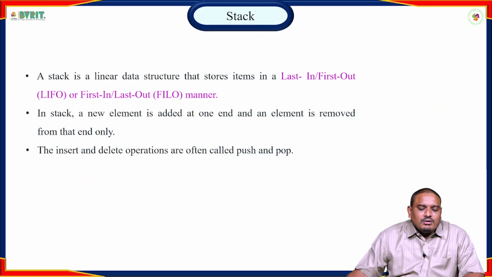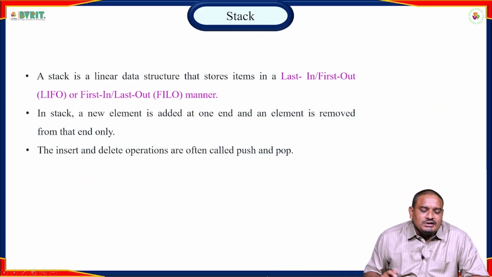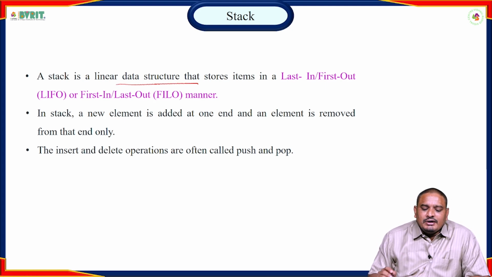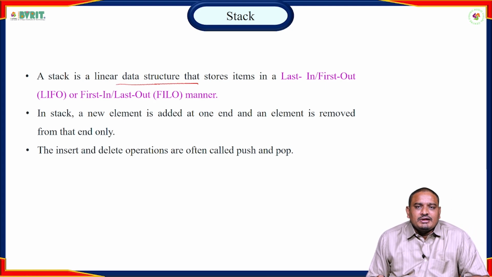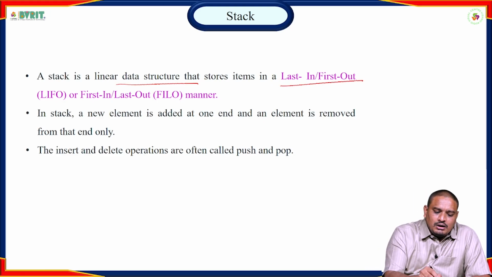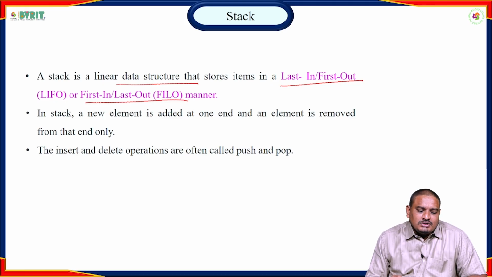Now, coming to the definition of stack. What is the definition of the stack? The stack is a linear data structure that stores elements in last in first out, or first in last out, manner. That is the definition of the stack.